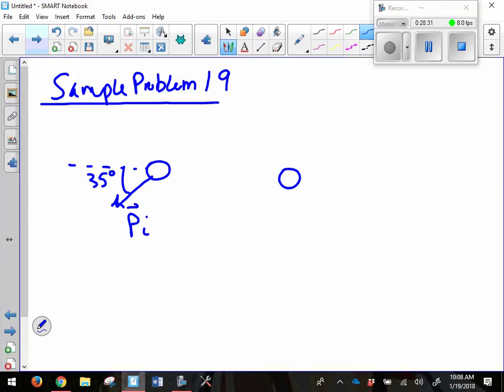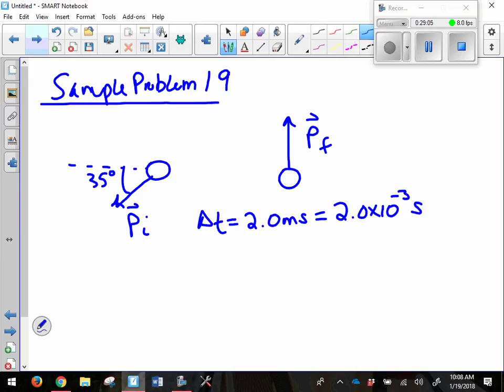And then afterwards, the batter hits the ball straight up so that the final momentum is completely vertical. And this whole interaction takes 2.0 milliseconds, which is 2.0 times 10 to the minus 3 seconds.